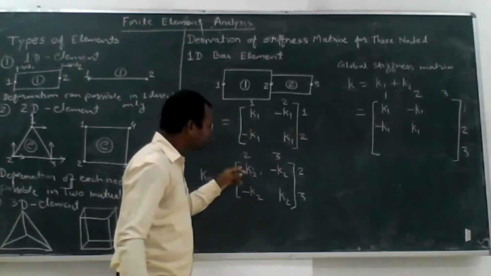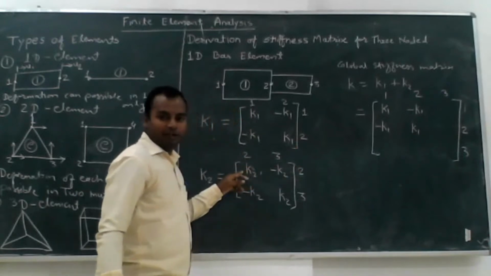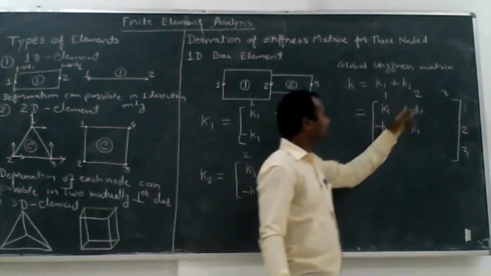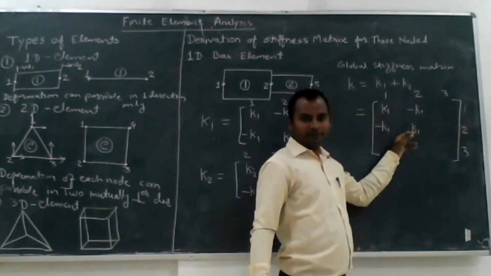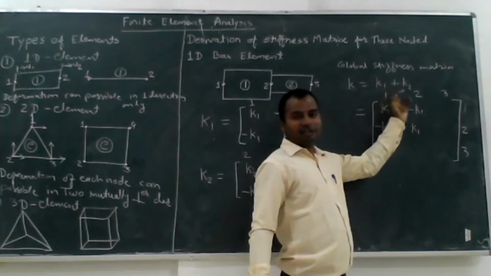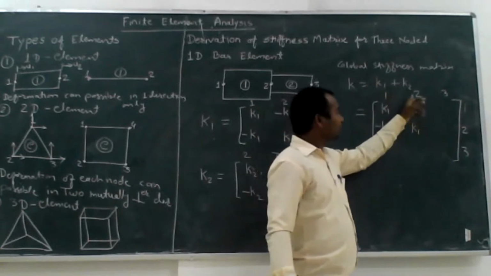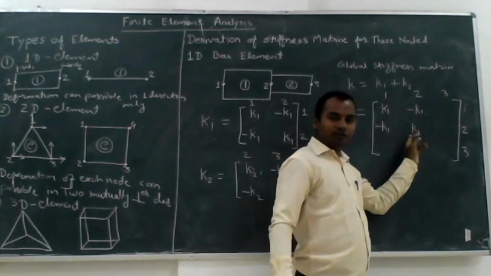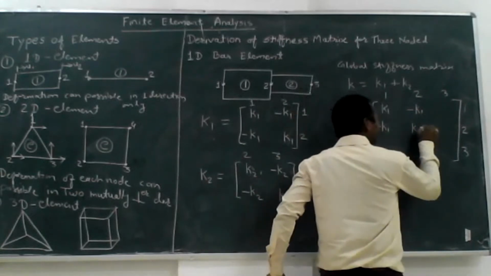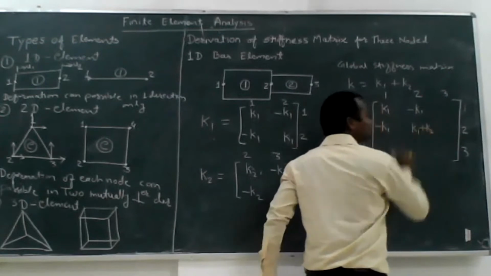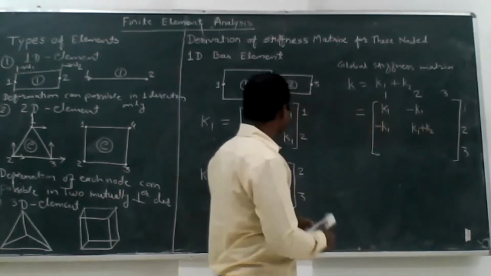So at the position 2, 2 there is K2, which I check. K1 is already available there, so we are adding that matrix. At the position 2, 2 K1 is already available, we have to add K2. Therefore it is K1 plus K2. Okay, fine.